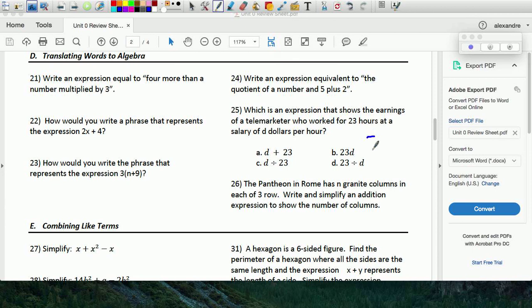You would take your 23 hours and multiply that by however much you get paid per hour. So it'd be 23 times D, right? If you work 23 hours, multiply that by however much you make, and you would get your paycheck, right? Definitely not division, addition. Okay, so it's definitely this guy right here.